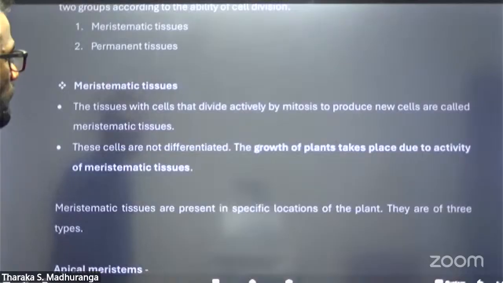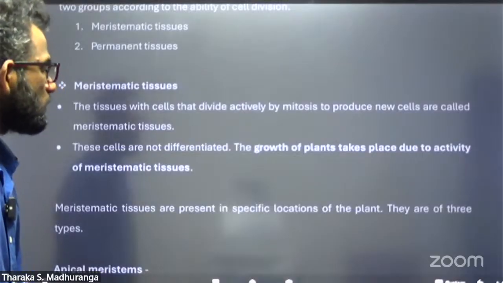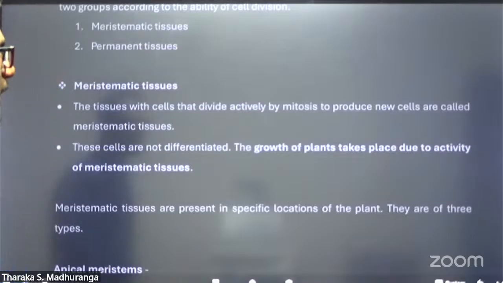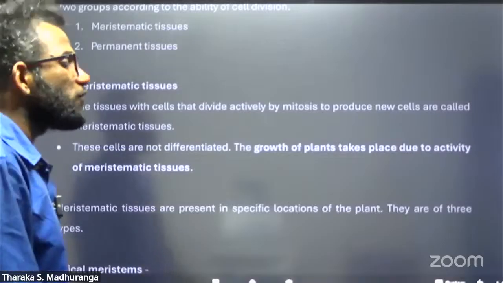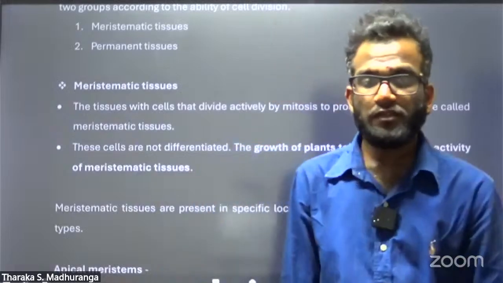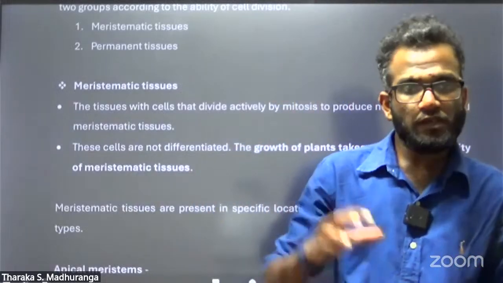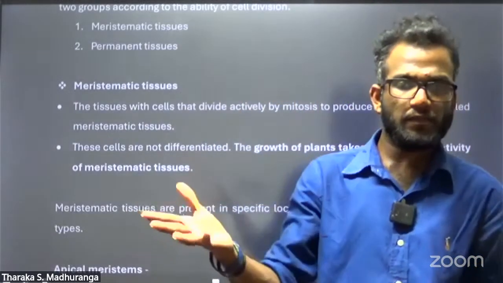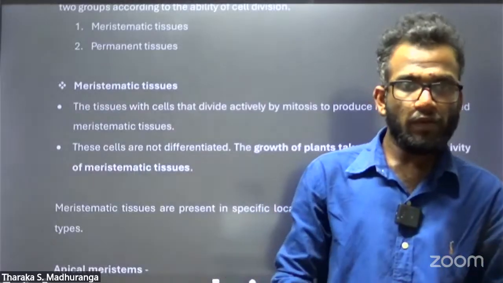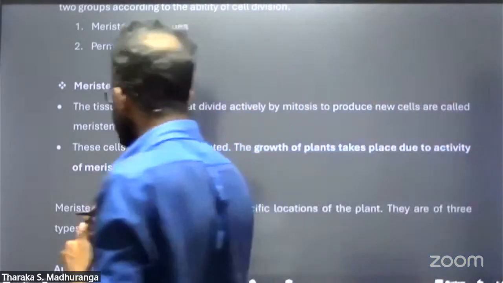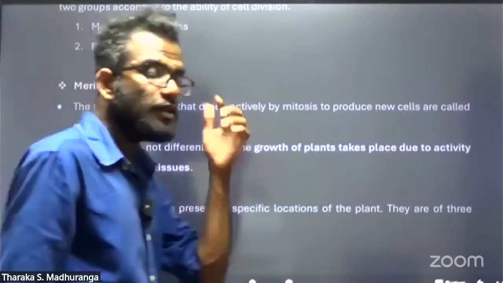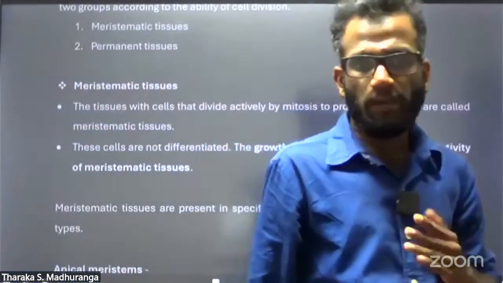These cells are not differentiated. The growth of plant take place due to the activity of meristematic tissues. These meristematic tissues again and again dividing and growing. Therefore all growing parts of the plant contain these meristematic tissues.